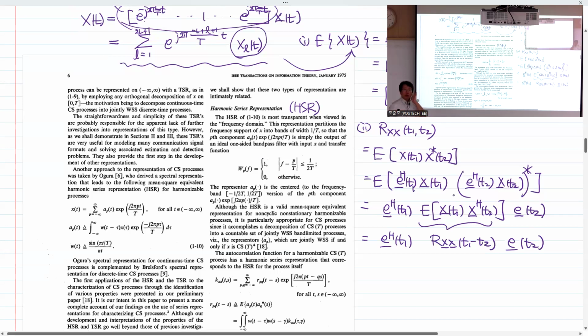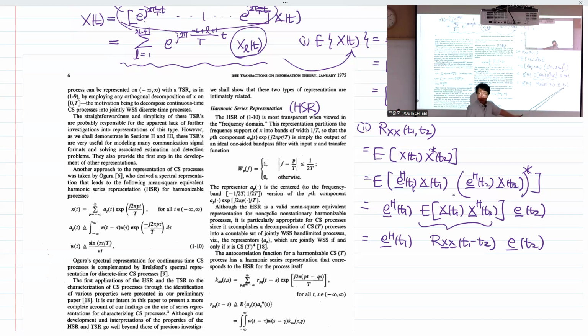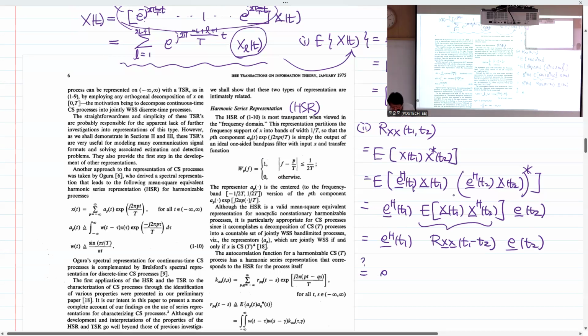Now what do we want? We want to add capital T to T1 and capital T to T2, and want to show this one. Are they the same or not?